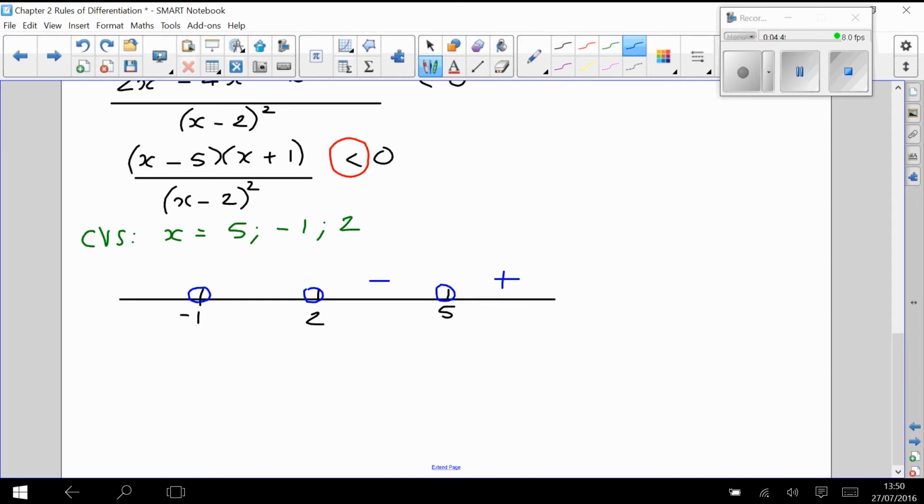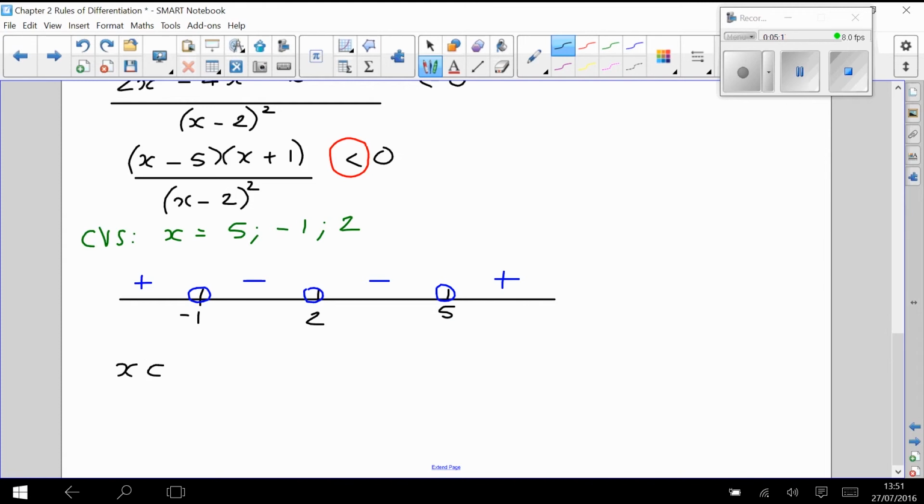But as the critical value when x is 2 was a repeated factor, I repeat the sign. As the sign on the right of it is a minus, it must be a minus again on the left. As with 5, minus 1 was not a repeated critical value, and so the sign changes. I've now identified the parts of the domain where my function is going to have a decreasing gradient.